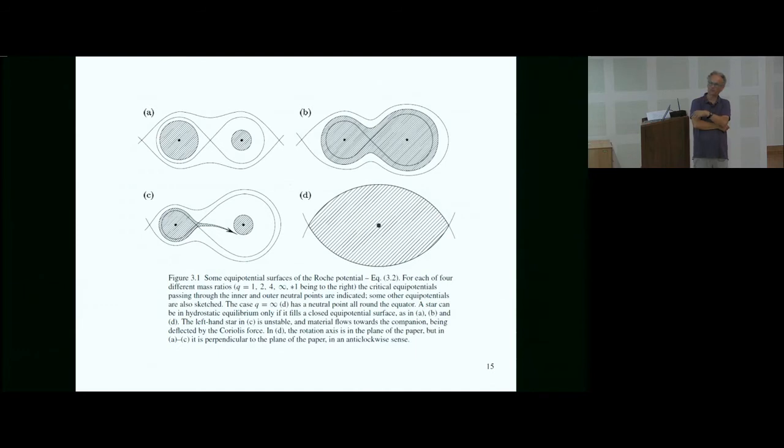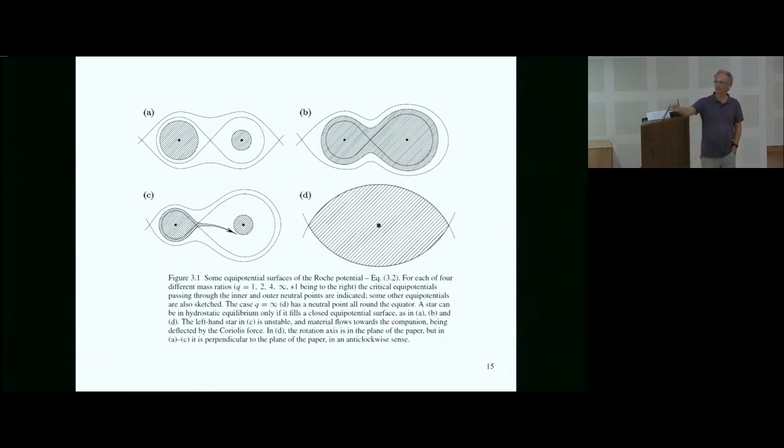The common envelope is not the right word because it's reserved for something else. This is the case when a single star overfills its Roche lobe, so it transfers the mass, and the mass falls over through this saddle point and flows down to the second star.